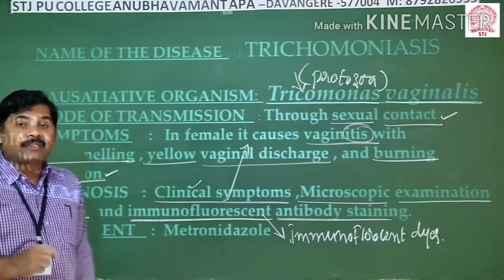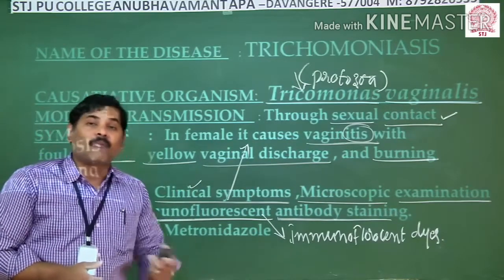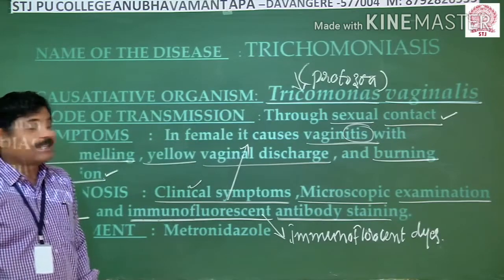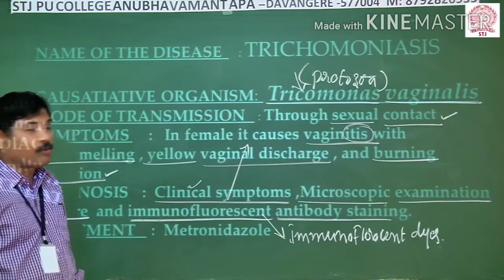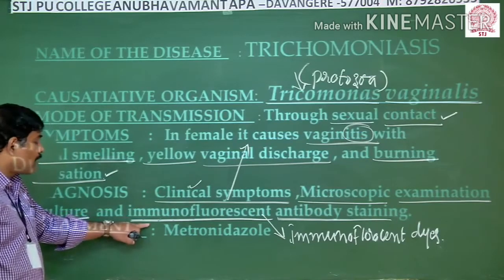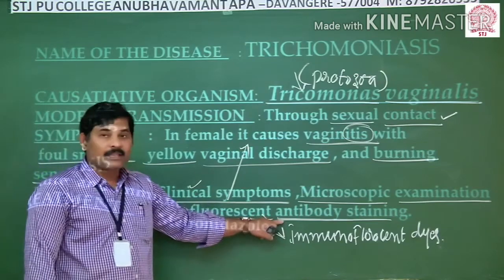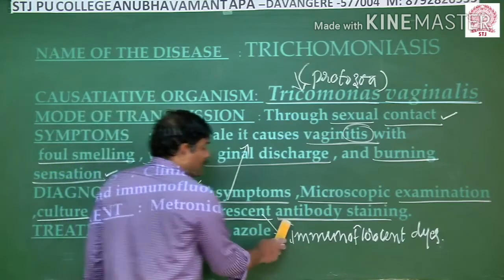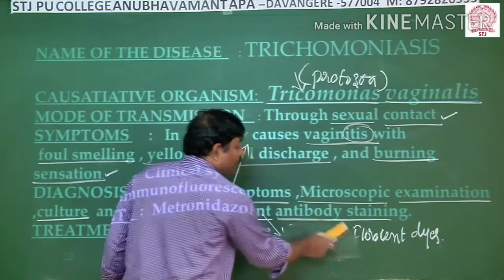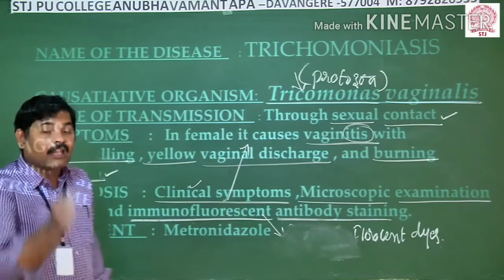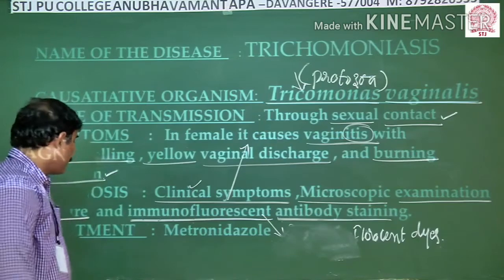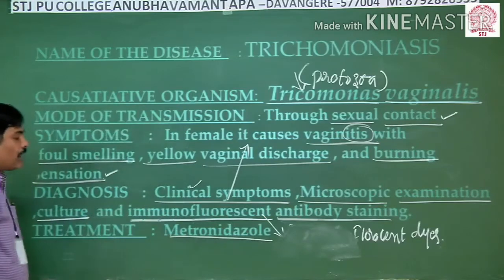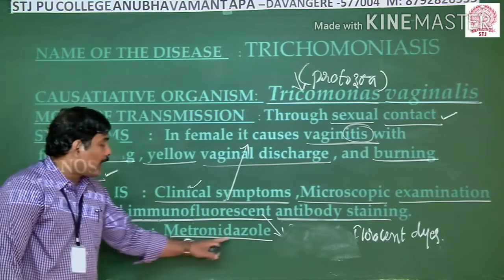By marking those antigen and antibodies, we can come to know what kind of antigen and antibodies are there, so that we can diagnose the disease trichomoniasis. That type of test is known as immunofluorescent antibody staining. In this, fluorescent dyes are used in order to mark the antigen and antibodies. Then the antibiotic that we use in order to treat that disease is metronidazole.